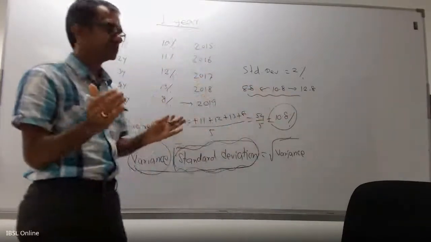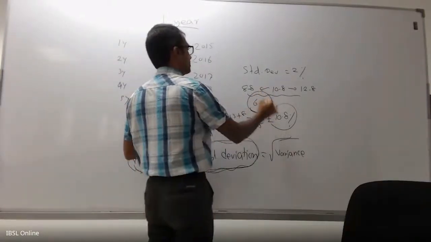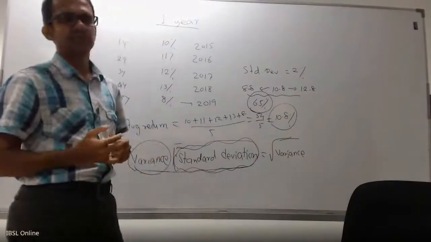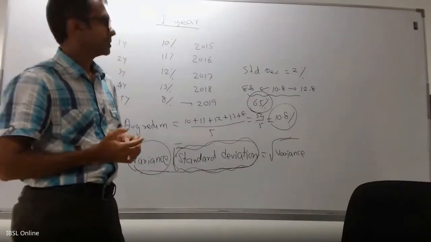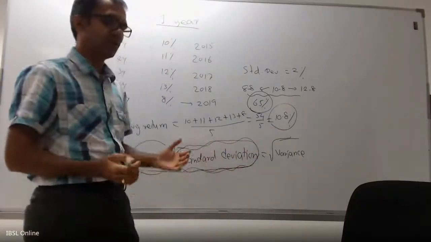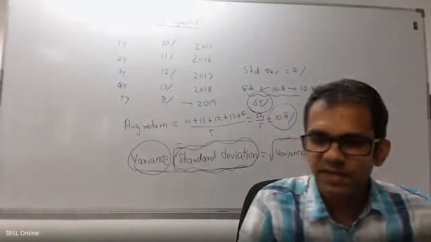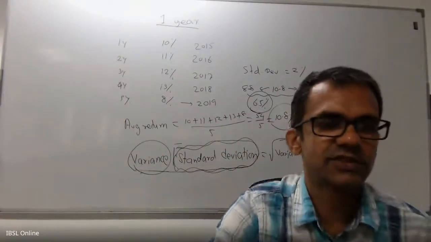Within this range there is approximately a 65% or 68% chance. That is the measure of standard deviation: how far you can deviate from your mean value.